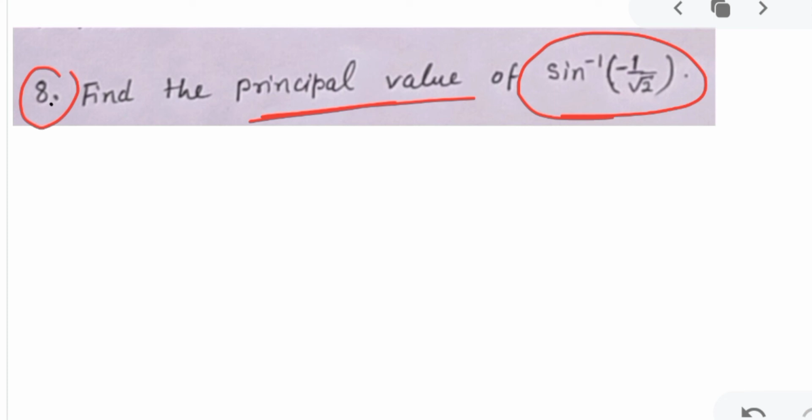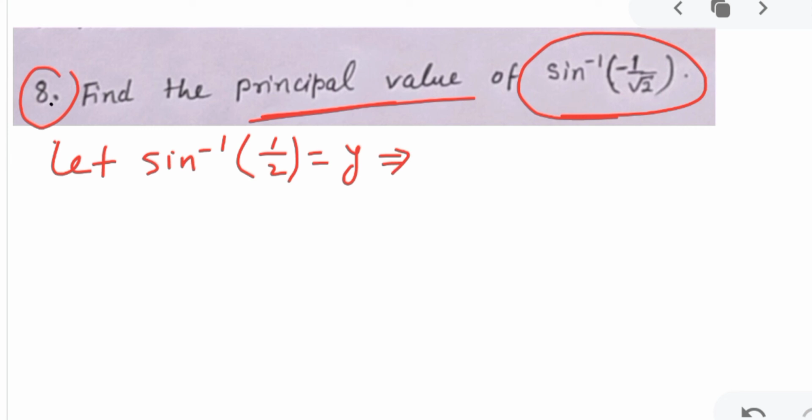In the same way as we did in the last question, question number 7, let sin inverse of minus 1 upon root 2 be y, correct? Then I can say that sin y is equal to minus 1 upon root 2.